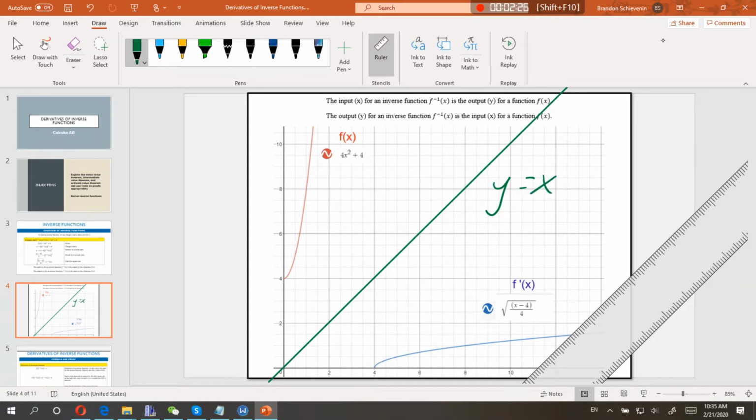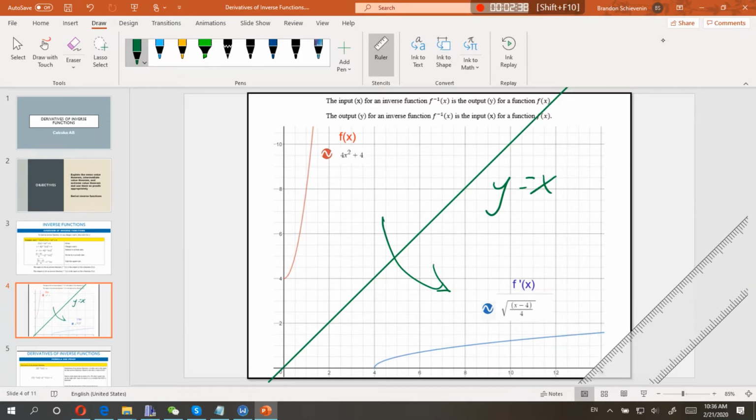My inverse function should be symmetric about that line. So if this is a piece of paper and I folded it about this green line, then this red function would end up overlaying this blue function, right? So that's because I've changed my outputs and inputs. Any questions just on what an inverse function is?